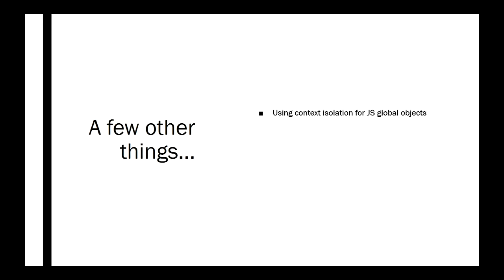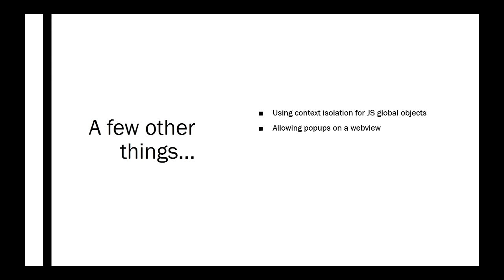Your external application can still meddle around with JavaScript's global objects. For instance, array.prototype.push, right? Or JSON.parse, stuff like that. So what context isolation does when you turn this on is that it isolates your preload API's context, right? So the external application is not able to meddle around with those objects, and your preload API is unaffected by anything your external application does on the JS side of things. So that's a good thing to do.